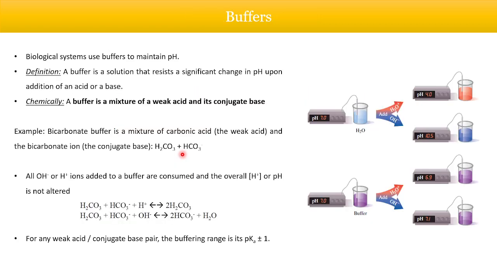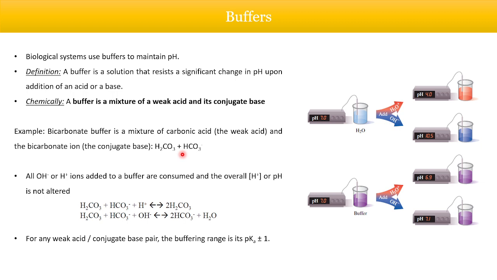Right. So now coming to another thing. We have talked about the acid-base reactions of these amino acids and the isoelectric points. Now we will discuss buffers and why buffers are important. Biological systems use buffers to maintain the pH.